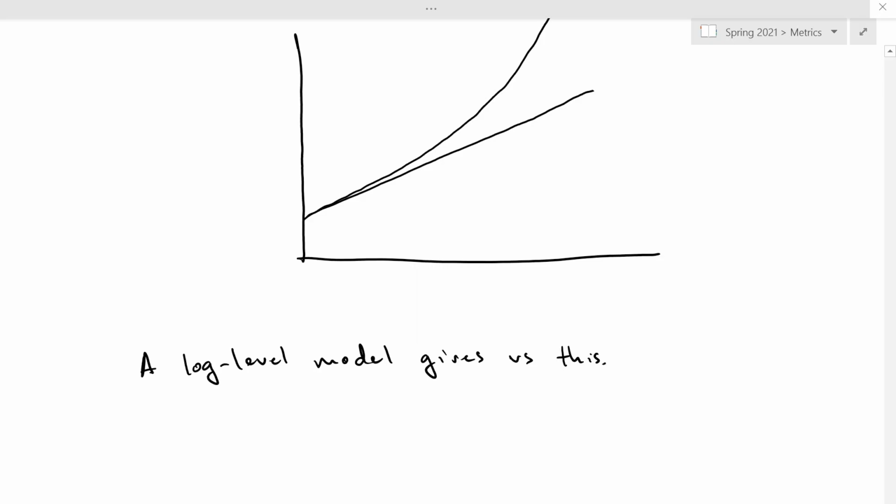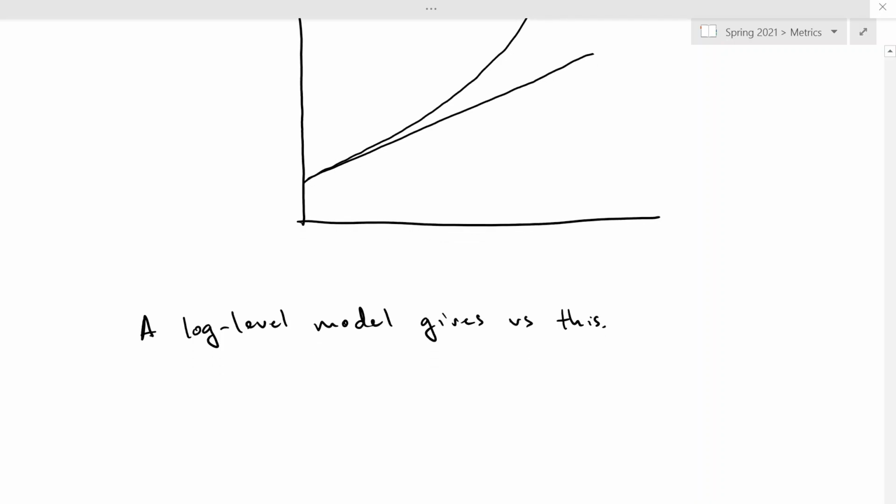And so this is also going to give us the constant percentages and the increasing returns. And when we're saying log level, what we mean is the y variable will be logged with the natural logarithm function, and the level is just measured in normal units, either dollars or whatever, but not logged units.